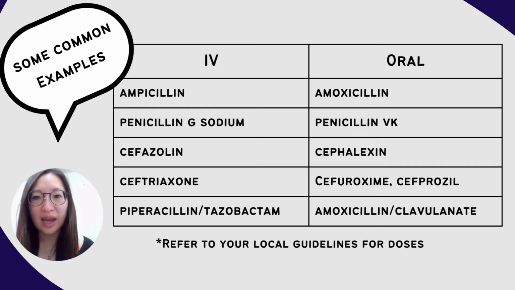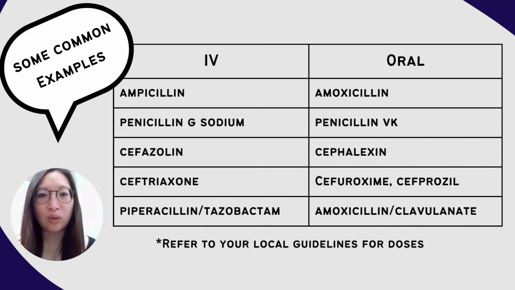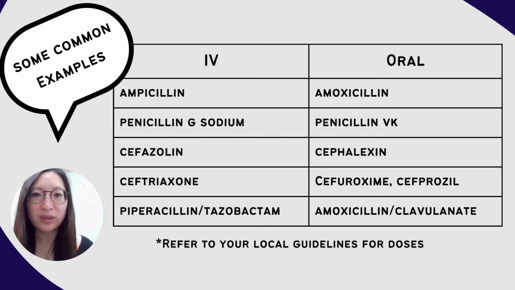The second example I have listed is switching from IV penicillin G sodium to oral penicillin VK. And then we have switching from cefazolin, a first-generation cephalosporin, to another first-generation cephalosporin, but in the oral form, such as cephalexin. And then we have switching from a third-generation cephalosporin, such as ceftriaxone, to an oral second-generation cephalosporin.